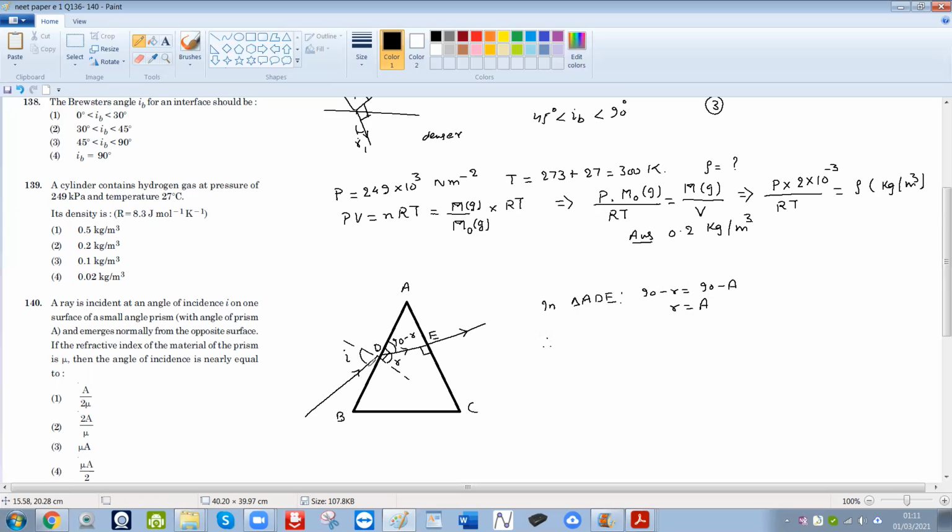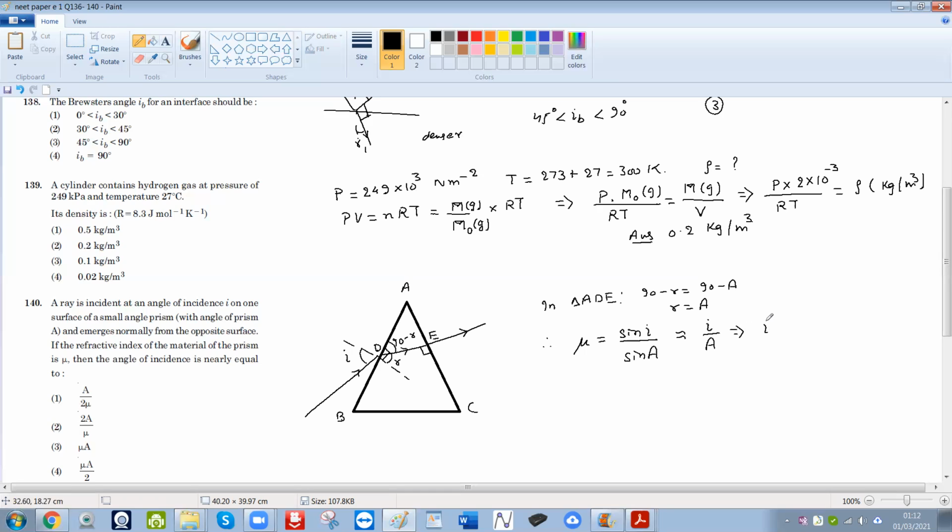Therefore, applying Snell's law, at the face AB, we get refractive index is equal to sine I upon sine A. Now, since it is given that angle of prism is small, so assuming all the angles to be small, we can approximate sine I by I itself, sine A by A itself.